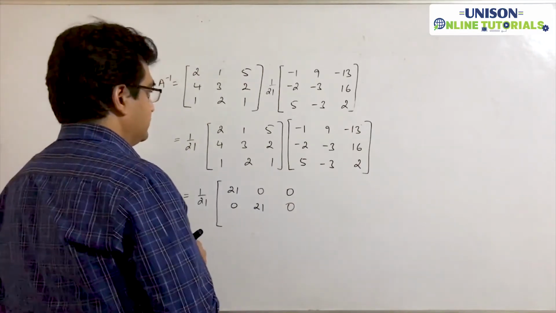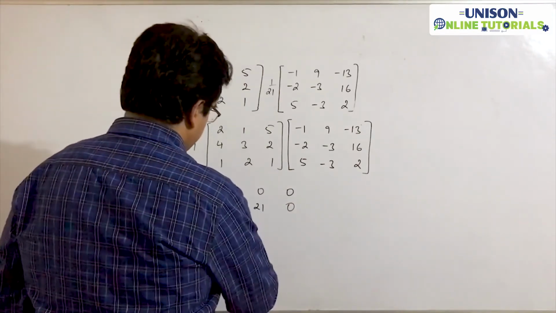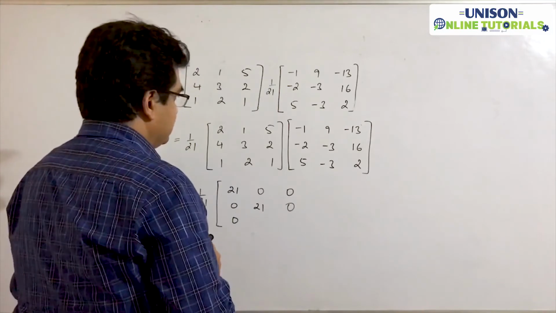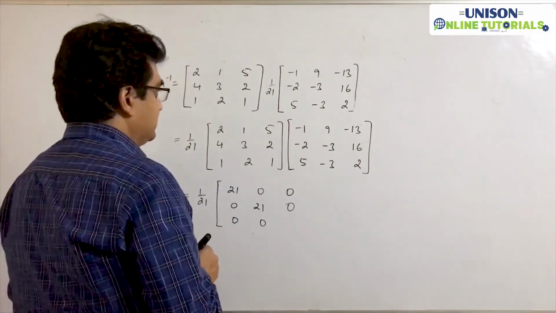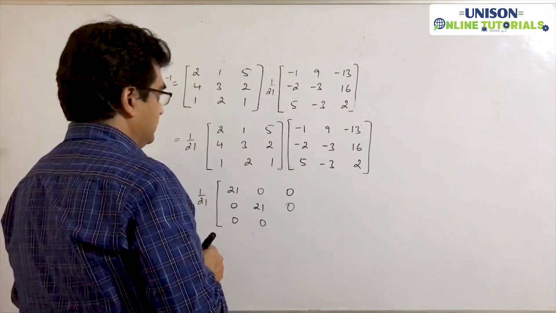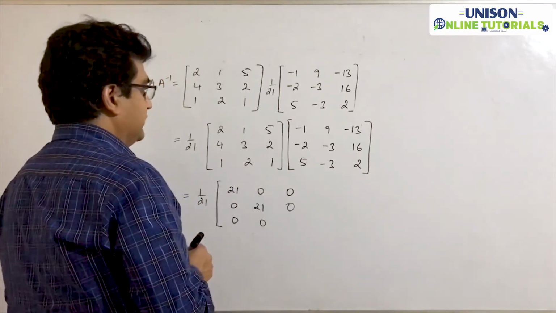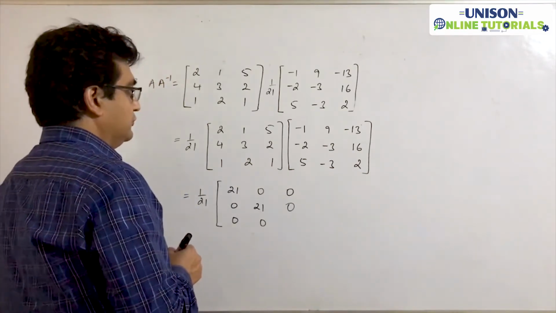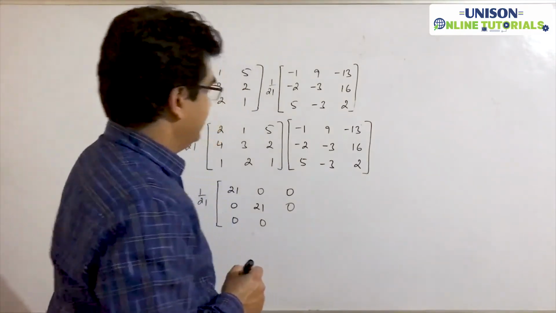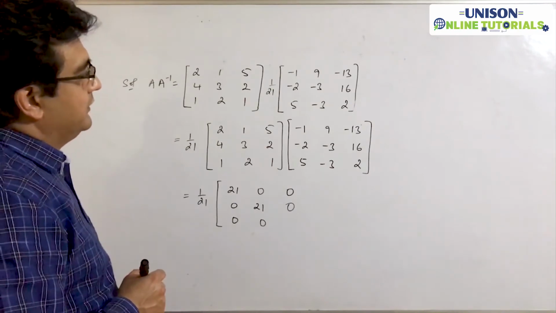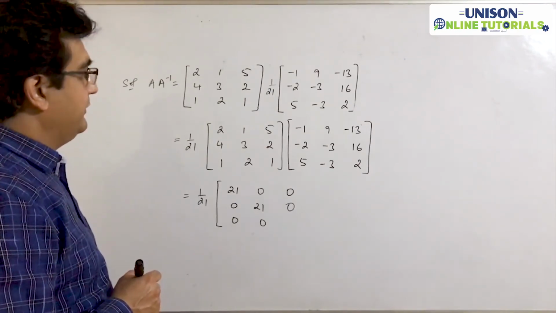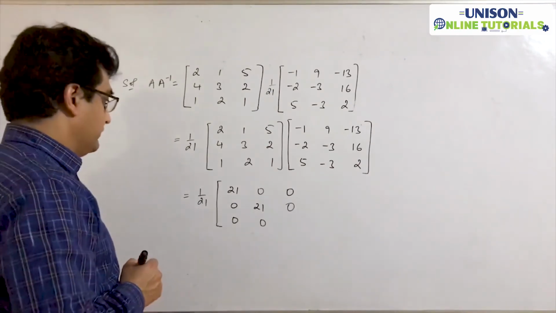Minus 1 minus 4 plus 5, it is 0. 9 minus 6 minus 3, it is 0. It is minus 13 plus 32 plus 2. So 32 minus 13, it will be 19, plus 2, it is 21.